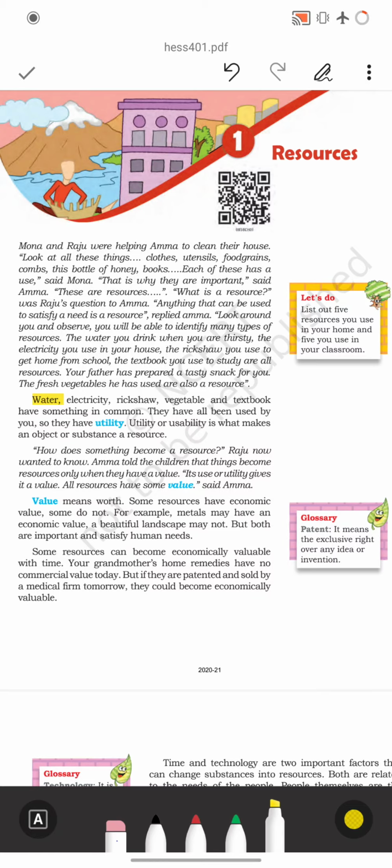For example, we can say anything like chair, stools, the bed we sleep on, all the things. You can ask, how does something become a resource?